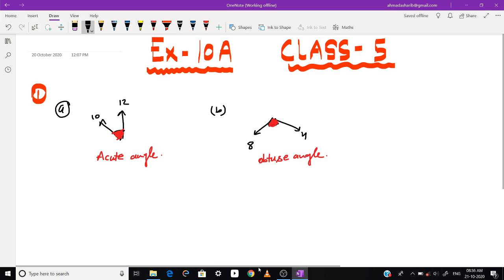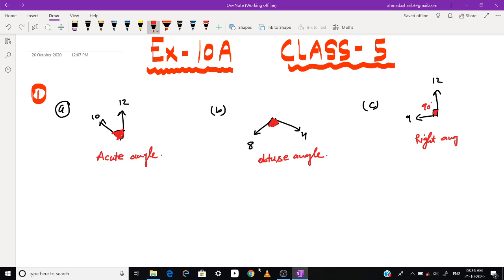Okay, next, one hand is at 12 and the other hand is at 9, and they are perpendicular to each other, means this sign of square tells you that this angle is a right angle of 90 degrees. So the name of this angle is right angle. Any angle whose measure is 90 degree is called a right angle.